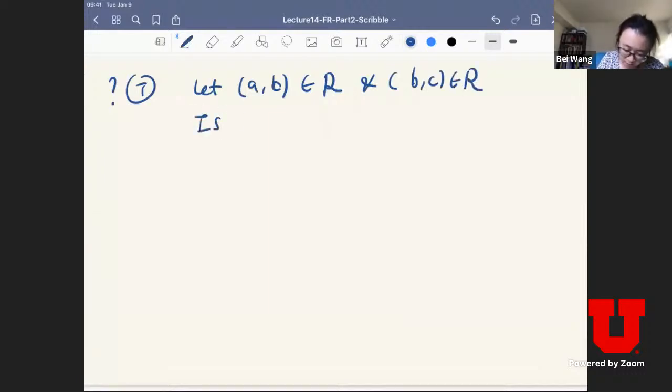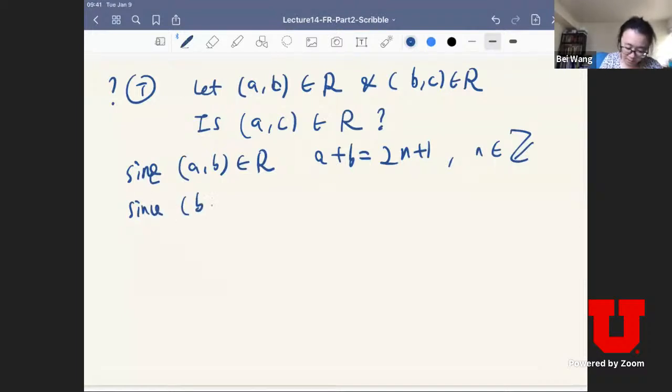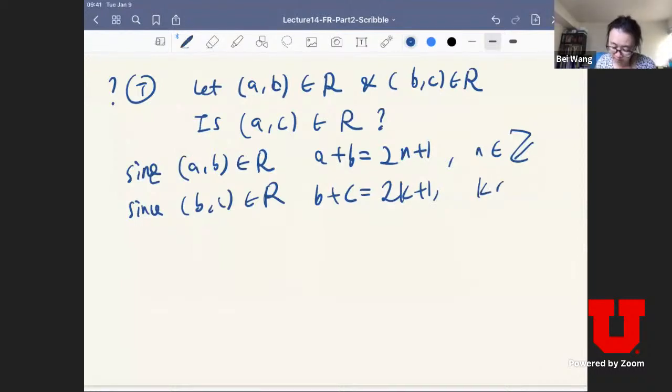The question is, is (A, C) in the relation? Okay. Since (A, B) is in the relation, the definition is A plus B has to be odd. So A plus B is 2n plus 1 for some integer n. And also, since (B, C) is in the relation, B plus C is equal to some odd number, which is 2k plus 1 for some k.